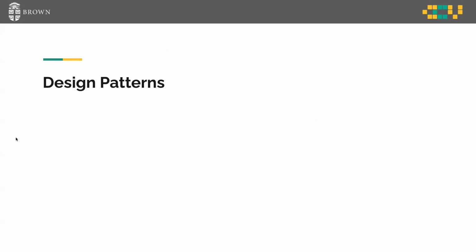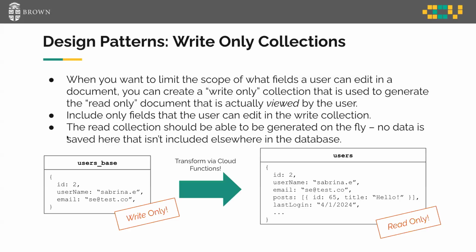Sure. Okay, great. One of the situations that comes up not infrequently is that you have some fields in a database that you want a user to be able to write to and some that you don't.